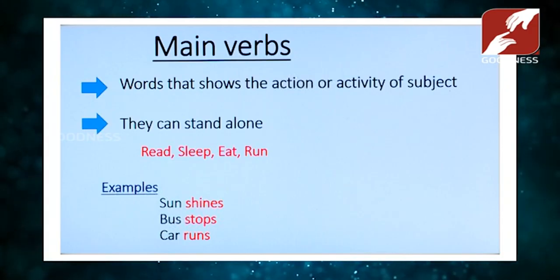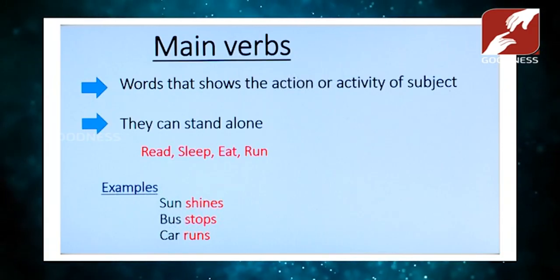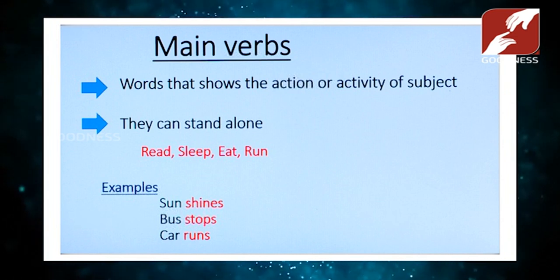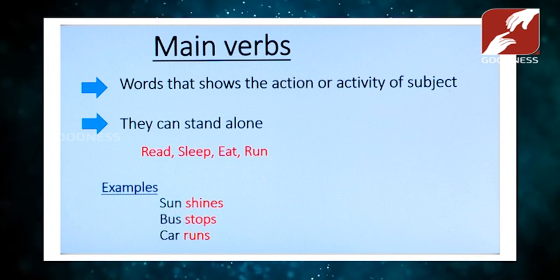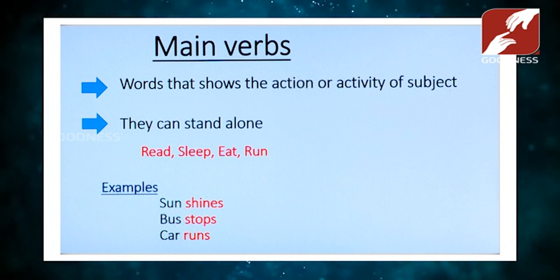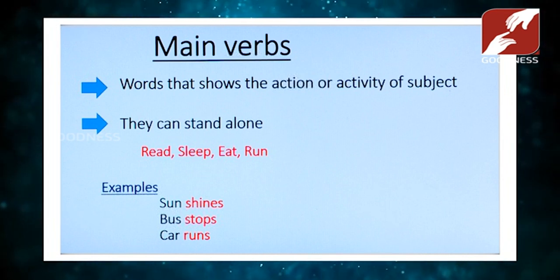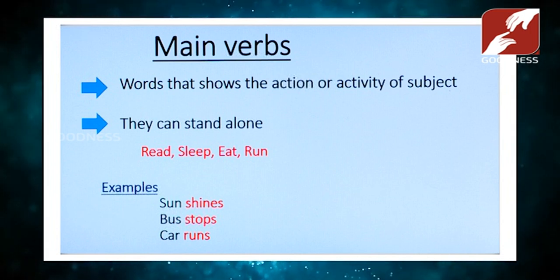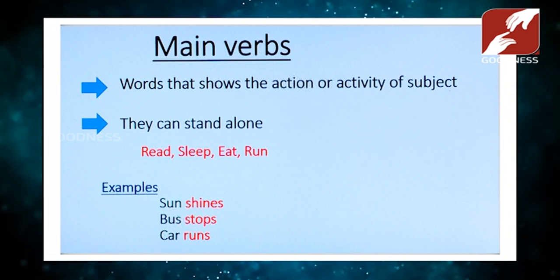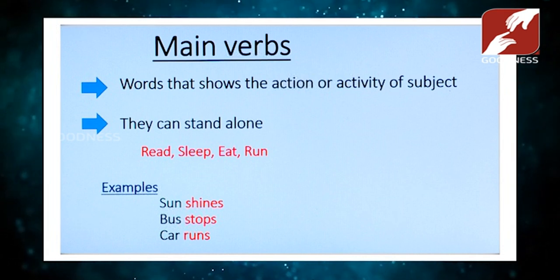See, they are words that show the action or activity of the subject. So, what is a main verb? It just shows the activity or the action performed by a subject. For example, read, sleep, eat, run. They are all examples of the main verb.